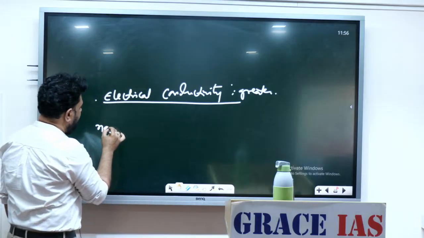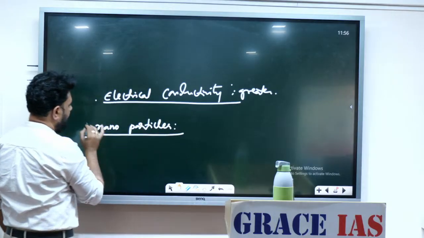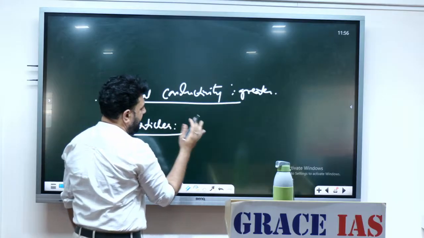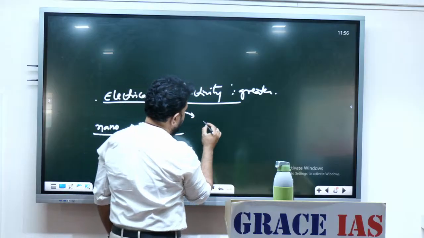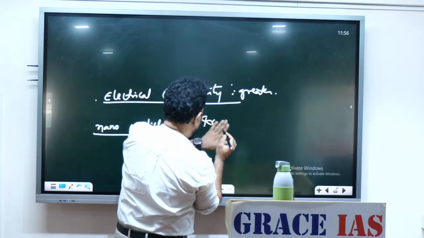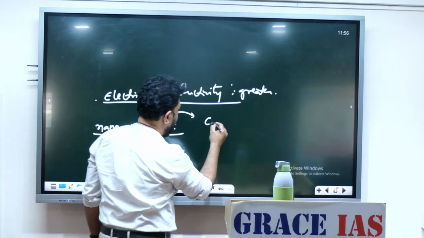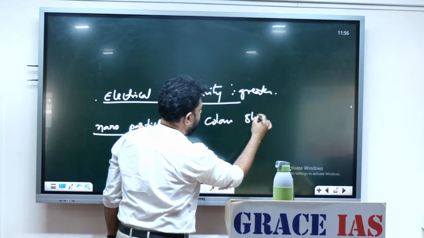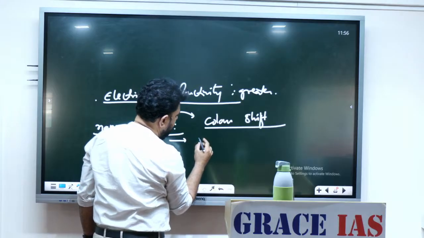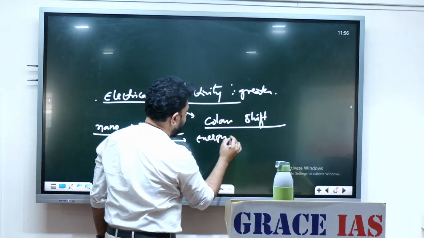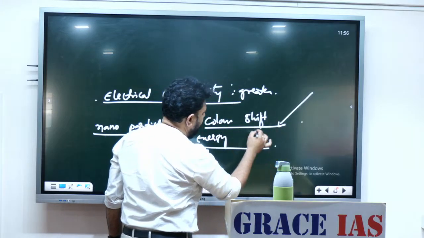For example, nanoparticles. Quantum size effect again. Depending on the type of nanoparticle you are using, the color shift and the amount of energy released by them because of supply of electrical energy also would be different.